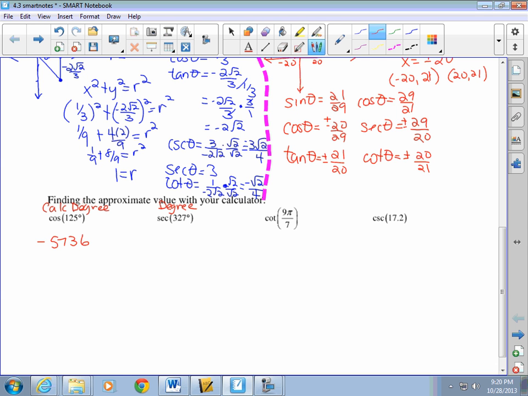Okay, secant. So you'll notice on your calculator you don't have a secant button. So there's a couple of ways of doing this. The first way is you know that secant is the same as the reciprocal function, 1 over cos of theta.